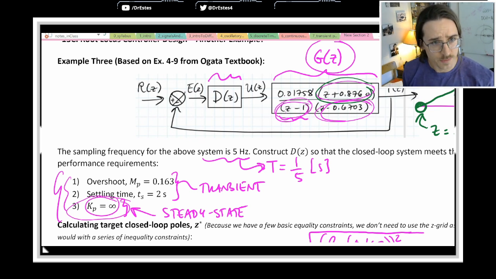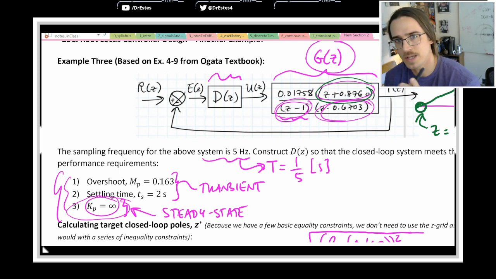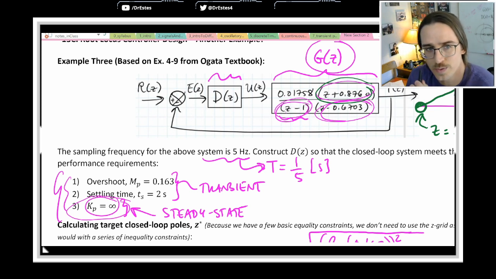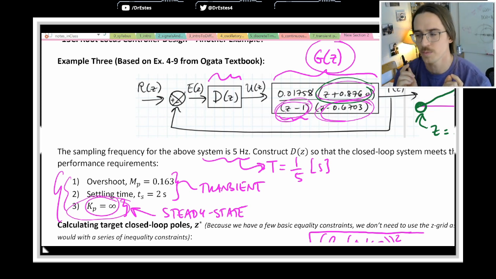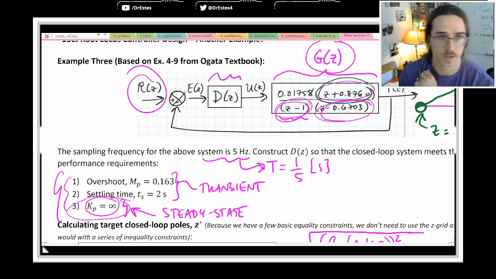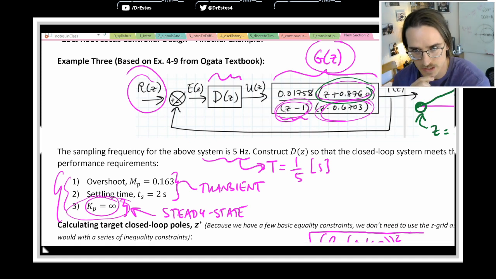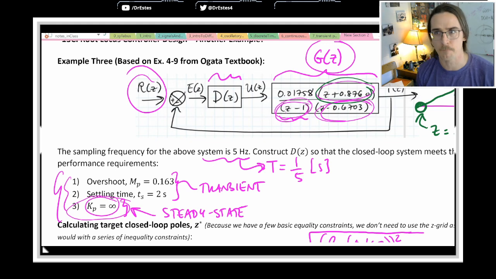And then we have number 3, a steady state performance constraint. So KP being equal to infinity just means that if we give a step reference to this system over here, we want the output to follow that reference perfectly at steady state with 0 steady state error.